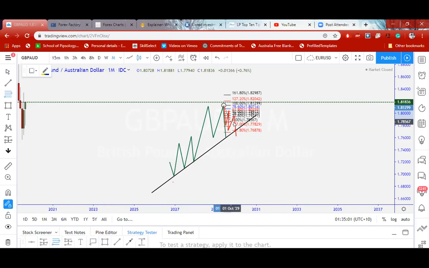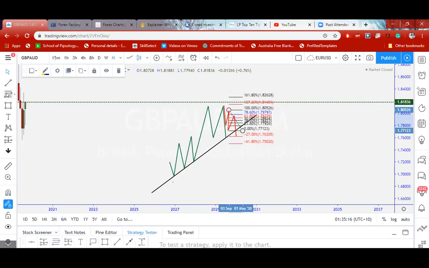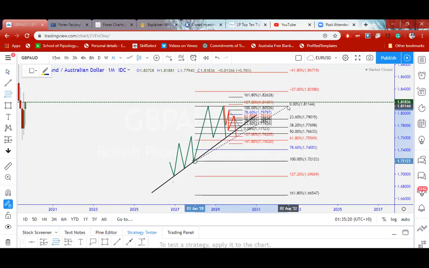Use the middle leg. Yes, correct. Okay, and the first Fibo? Fibo is low to high. Okay, final move? Minus 27. Yes, correct.